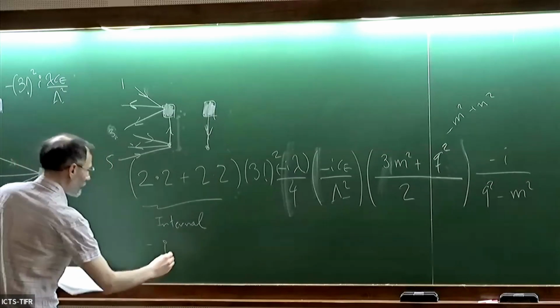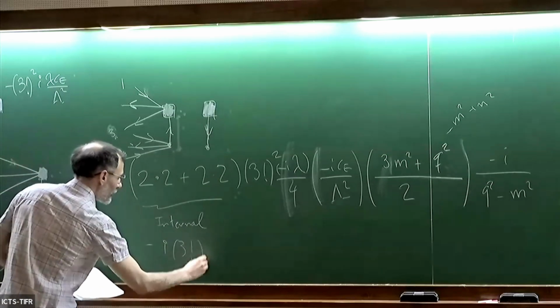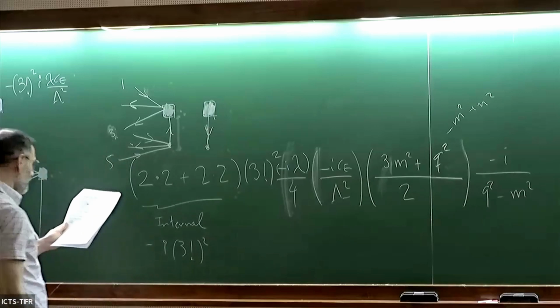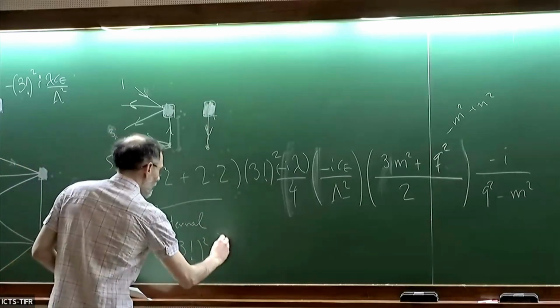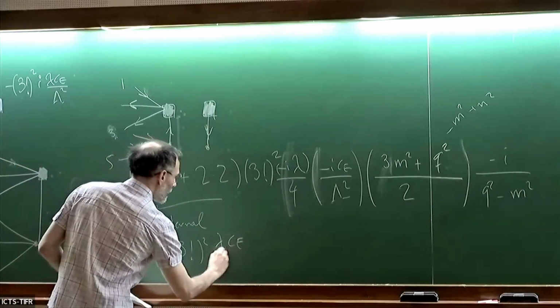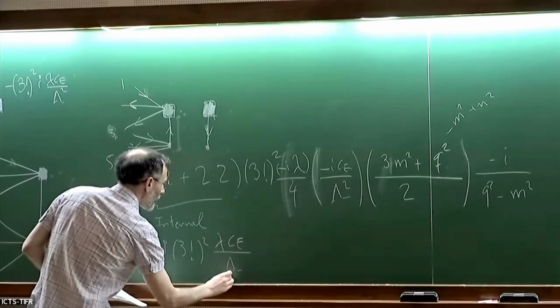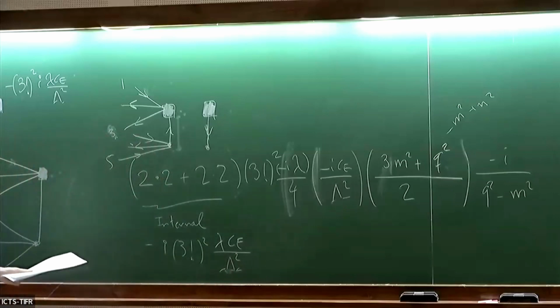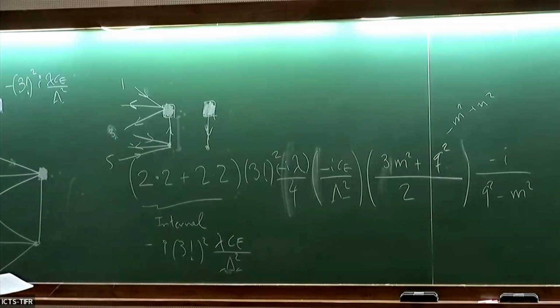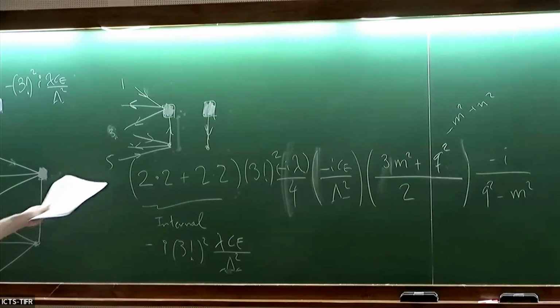i 3 factorial squared lambda c over capital Lambda squared. And if I worked out all of those factors of 2 and 4, 4, 8, and 18 here as well, so that's what it is.